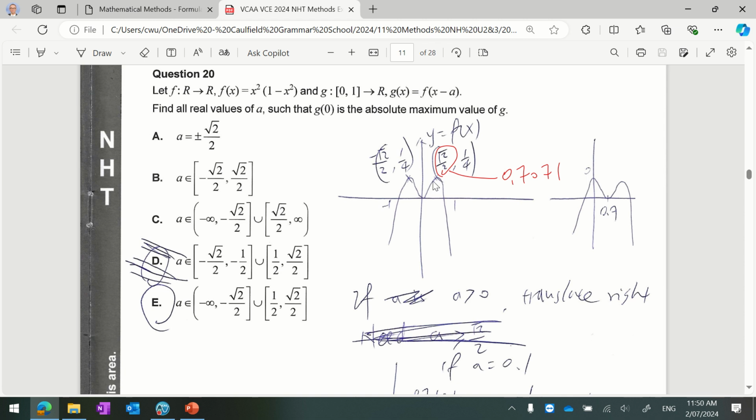If you visualize shifting this graph to the left, and you're at G0, those points here are not going to be your local max until you hit this point. So when this local maximum comes to the y-axis, you get G0 absolute max.